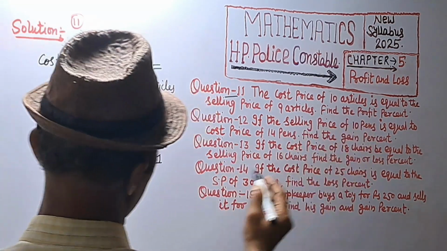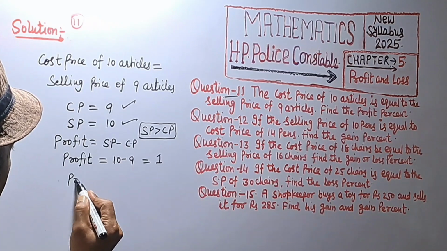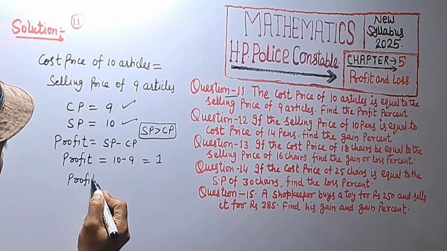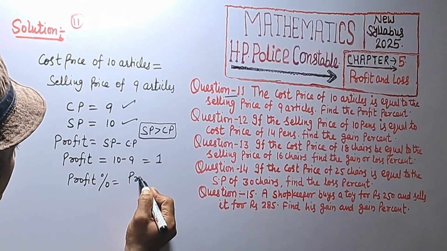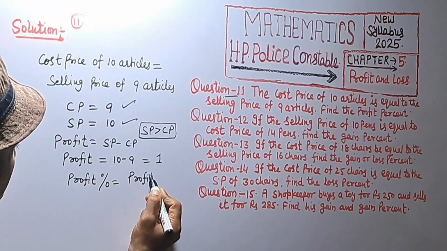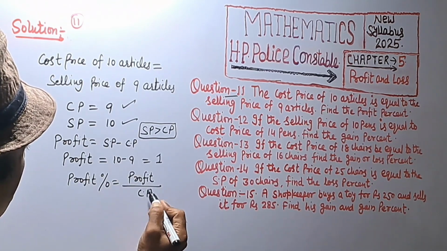And find the profit percent. Profit percent equal to profit upon CP into 100.